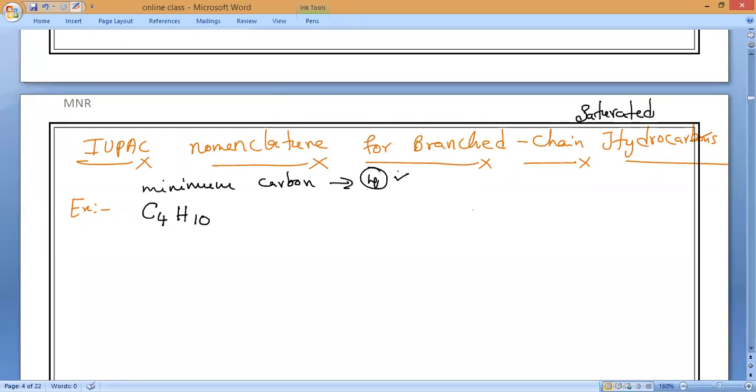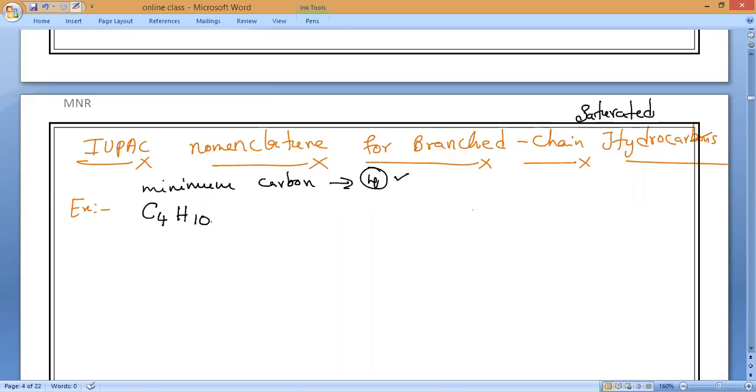If you take methane, ethane, propane, how many isomers are there? Only one isomer, meaning they don't have any other structures. The single structure itself is the structure.